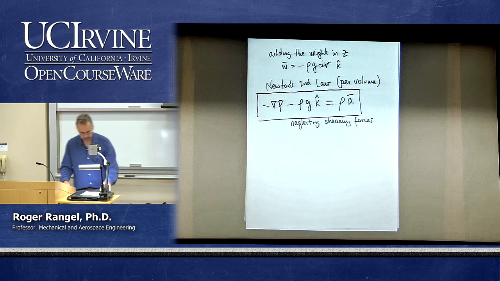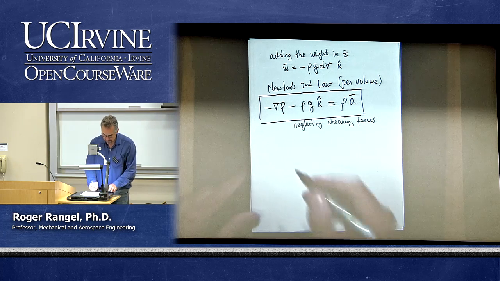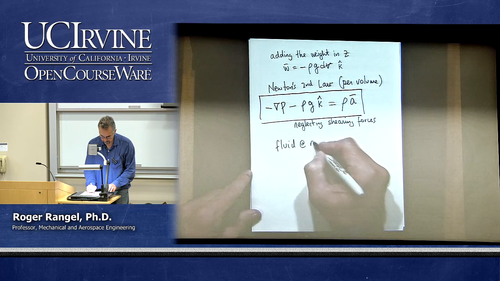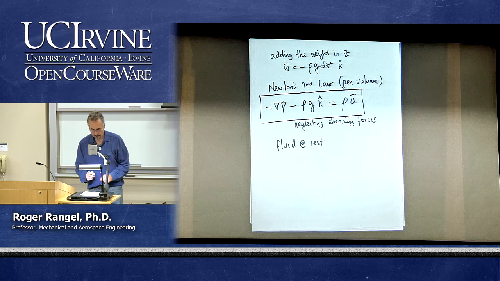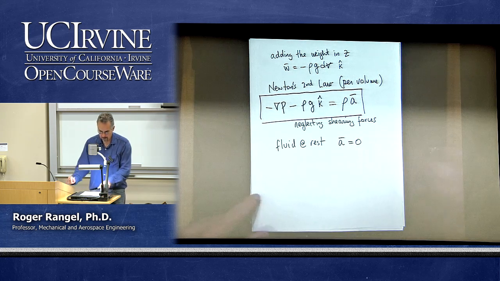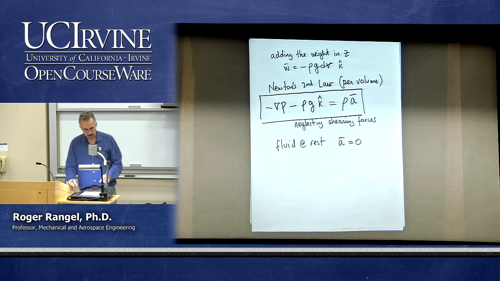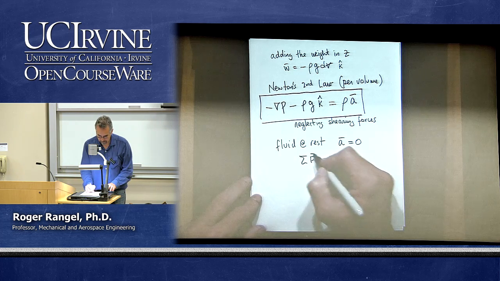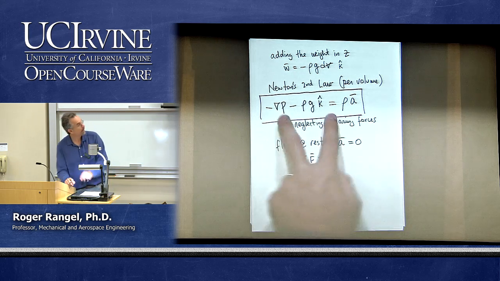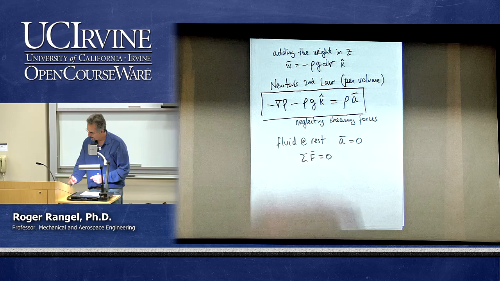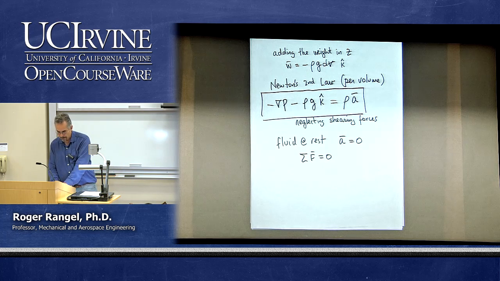For example, if the fluid is at rest, then of course there is no acceleration, so a is equal to 0. So this equation reduces to the statement that the sum of forces in all directions must be equal to 0. The left-hand side represents the forces, and I can of course break it down into the three directions.